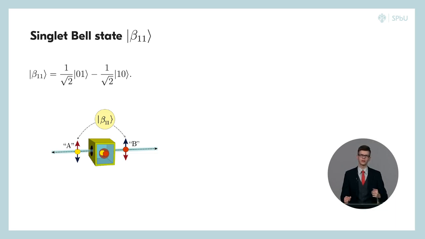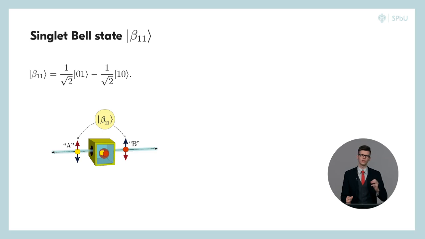Now suppose our particles in state β11 move in opposite directions. To be definite, we will call a particle moving to the left an A particle, and the one moving to the right a B particle. We'll mark a state of plus 1/2 spin z-axis projection with 0, and understand a state 1 as a state with minus 1/2 spin projection.